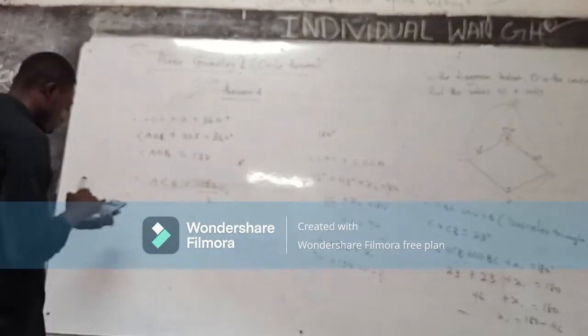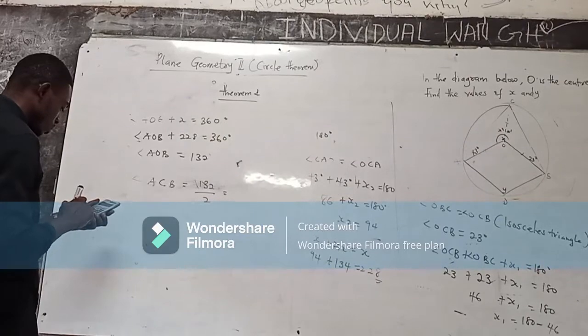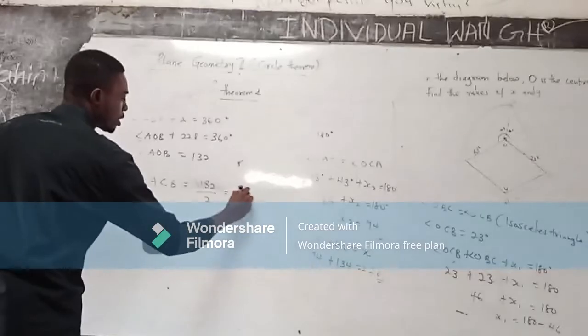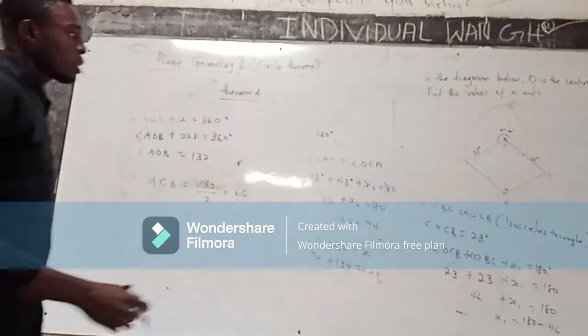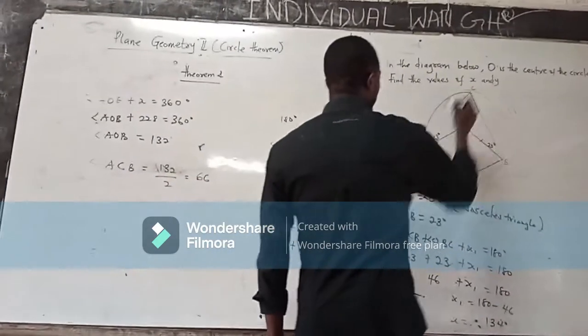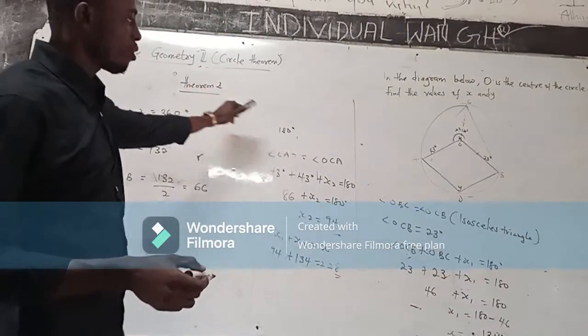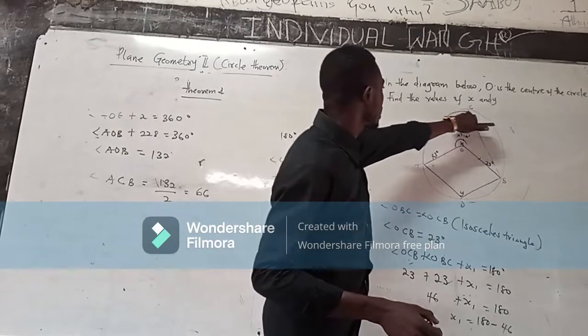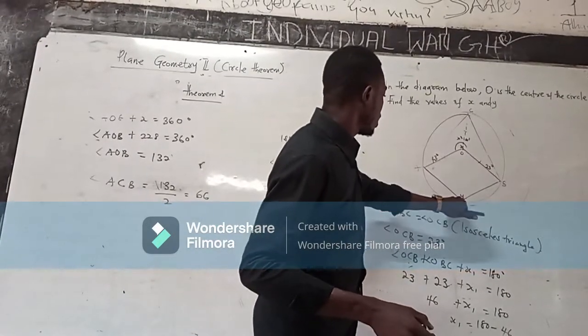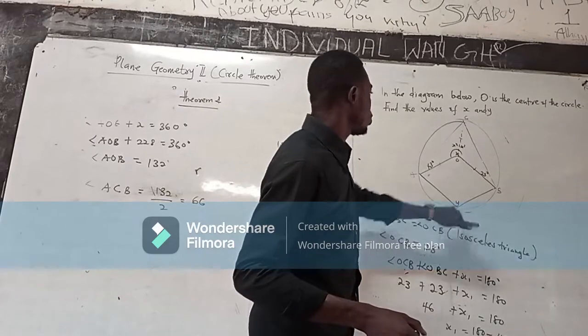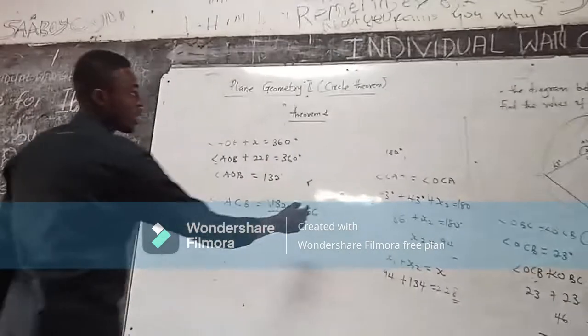If you have 132 divided by 2, you are going to get this place to be 66. So if this one is 66, now that we are on the rule of theorem 4, it says that this angle that is formed here plus this angle should sum up to 180.